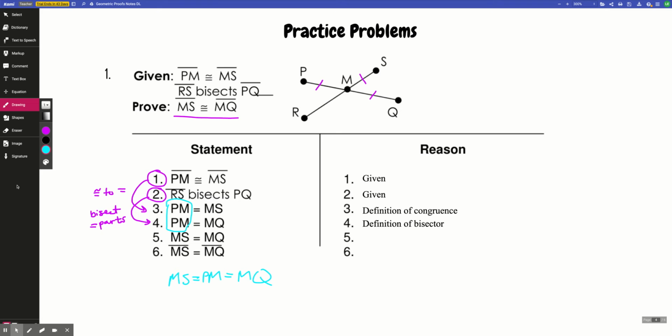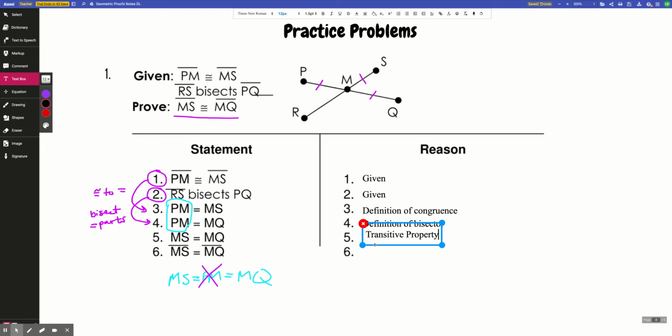And then remember the rule here, the transitive property: you can cut out the middleman and you're just left with the tails on the end. So my reason for step 5 is the transitive property. We combined steps 3 and 4 into step 5 here.